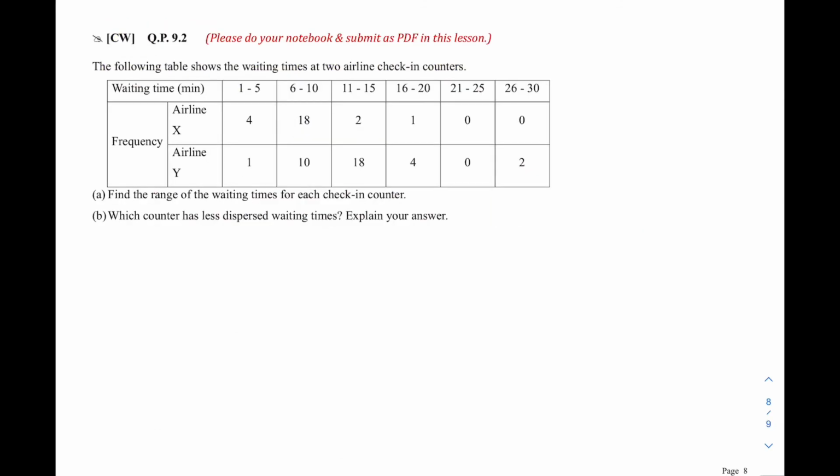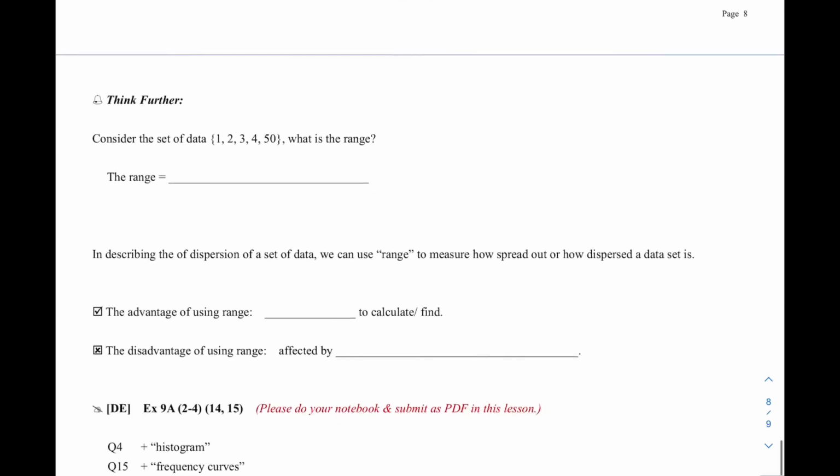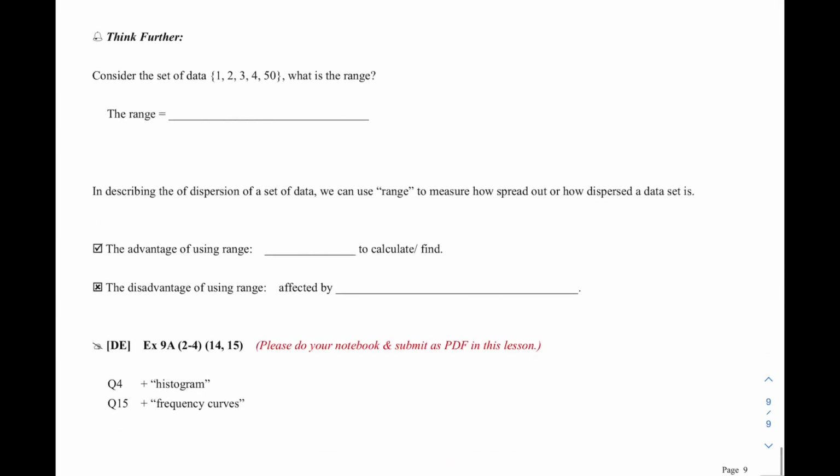For both case 1 and case 2, ungrouped or grouped data, you find that the calculation of the range is quite simple. Just do some subtraction and find the difference. And so you just go ahead to try quick practice 9.2 and do it in your notebook. Now, let's think further. If I give you another set of data, 1, 2, 3, 4, and 50.